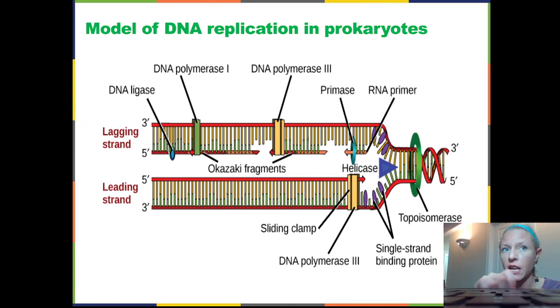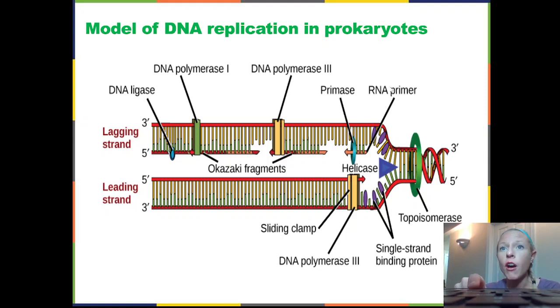So let's look at that again. So we have the leading strand. We have our origin of replication here. We have our helicase, which is unzipping our double helix. And we have our original parent strand here, which is 5' to 3'.